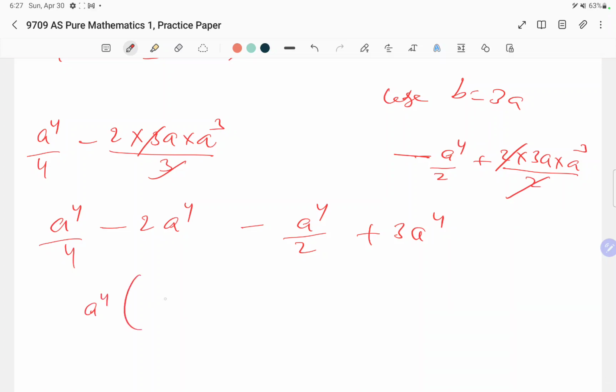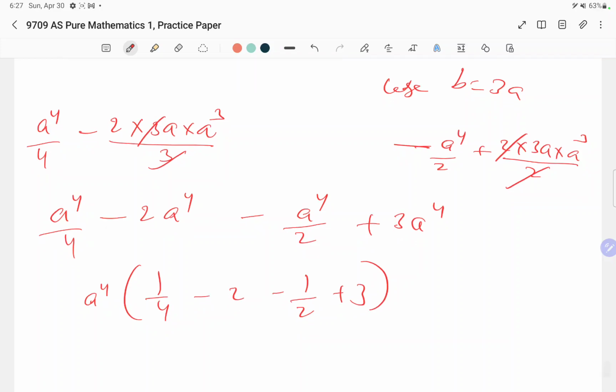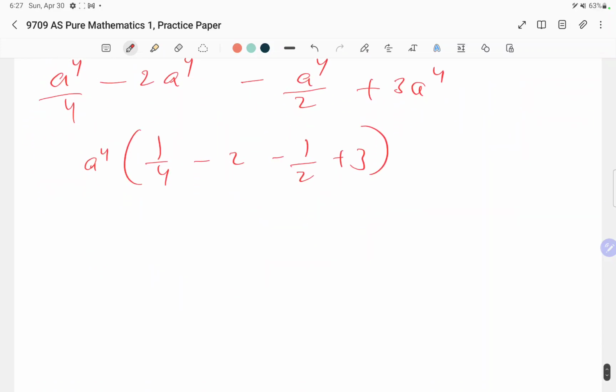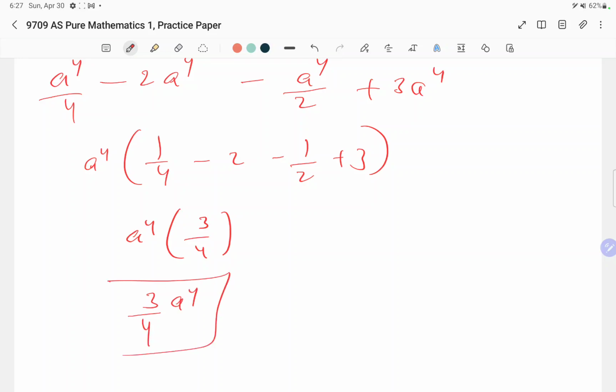Now I will take a to the power 4 common: 1 over 4 minus 2 minus 1 over 2 plus 3, and I will use a calculator for that. 1 over 4 minus 2 minus 1 by 2 plus 3 is 3 by 4. So I got 3 by 4 a to the power 4.